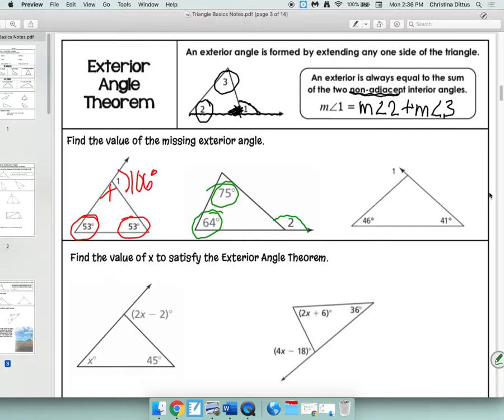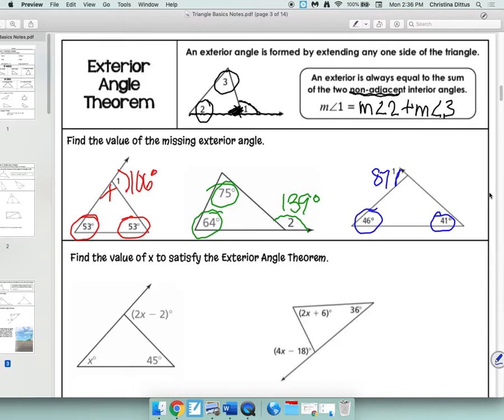What do I get? 39. How big is angle 1? 87. Add these two together, we get 87.